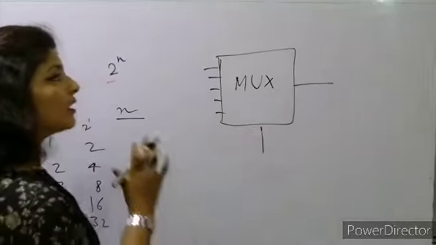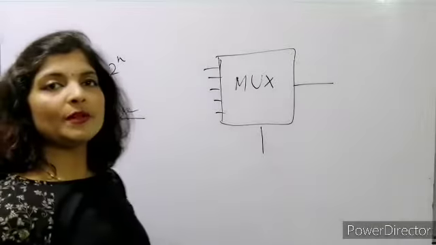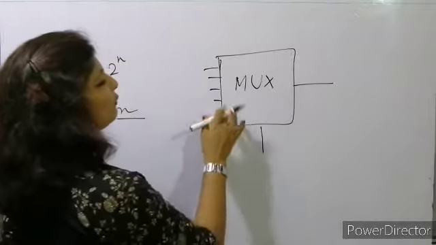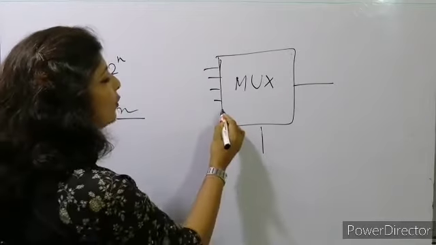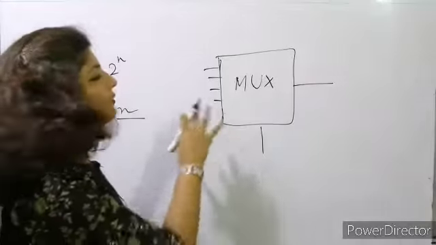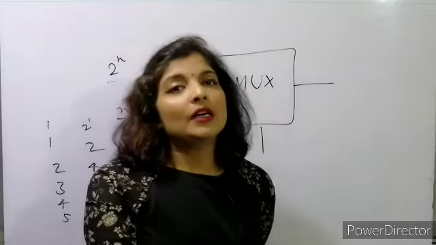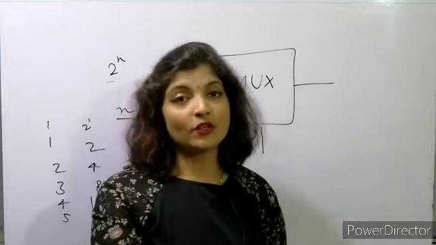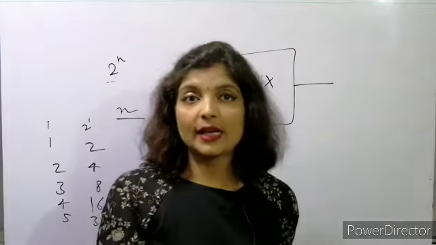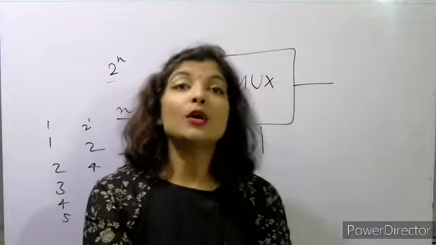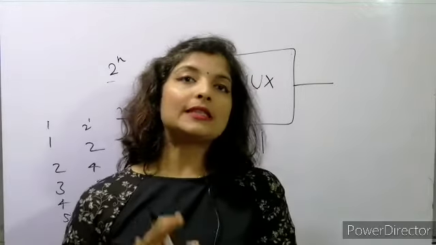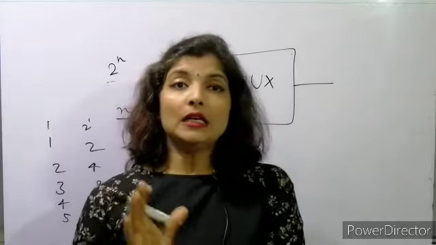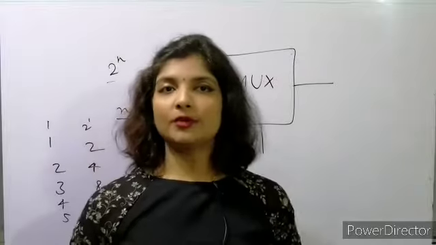The number of inputs can be 2, 4 or 8, not 5. So the bit combination of the n selection lines will determine which input will be selected.